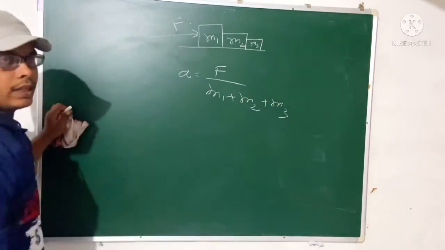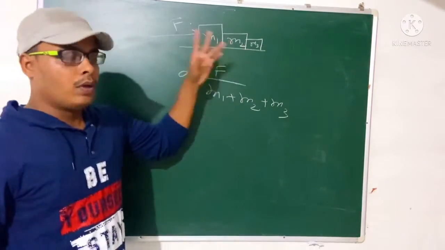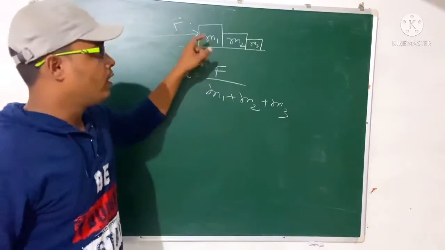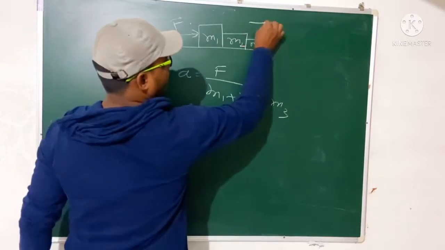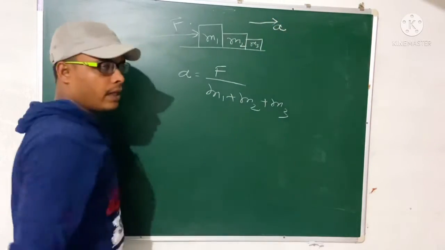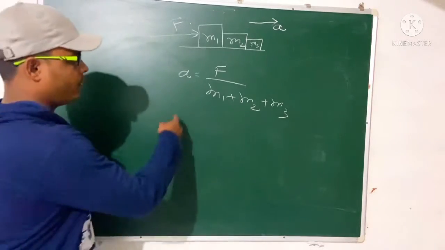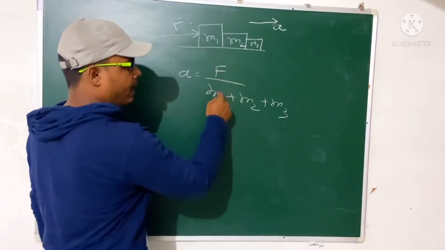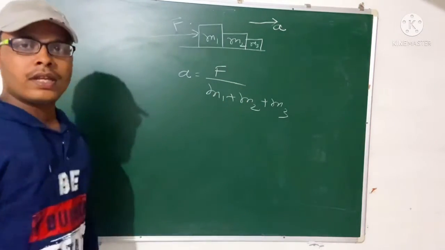Previously there were 2 masses, but here there are 3, and we are giving a force to the M1 mass. Then all 3 particles will move with the same acceleration, if there is no friction.